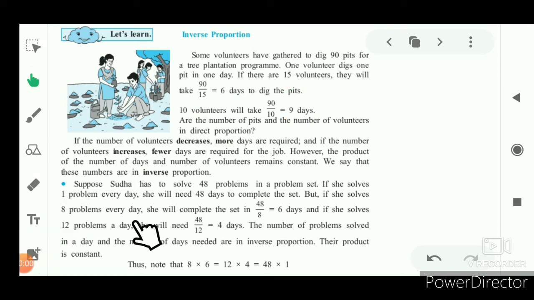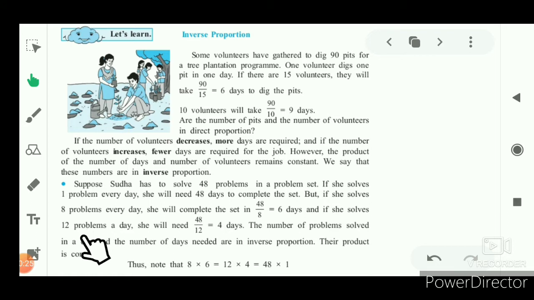See another example. Suppose Sudha has to solve 48 problems in a problem set. If she solves one problem every day, she will need 48 days to complete the set. But if she solves 8 problems every day, she will complete the set in 48 by 8, that is 6 days.